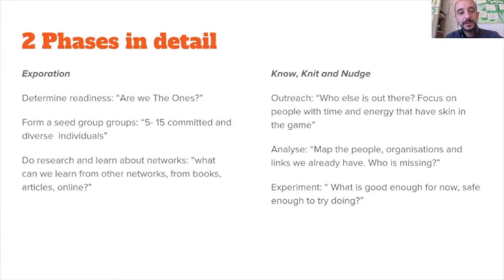This is usually a small group of 5 to 15, but maybe more, of committed and diverse individuals, very similar to the cohort model that we have in South Sudan. And in this phase, we do a lot of research and learning, not only about networks, but also about the system that every individual is embedded in. Again, like we are all doing in South Sudan.